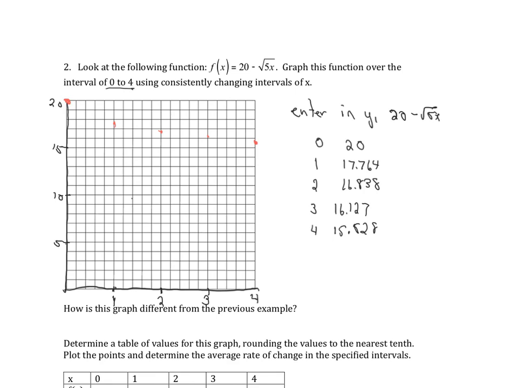Now, if you look at those, you can see that this graph appears to be concave up. Let's see whether it is. How does this graph differ from the previous example? It differs because it was an equation instead of data points.